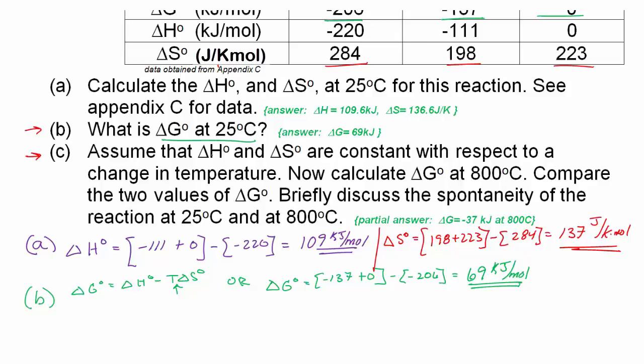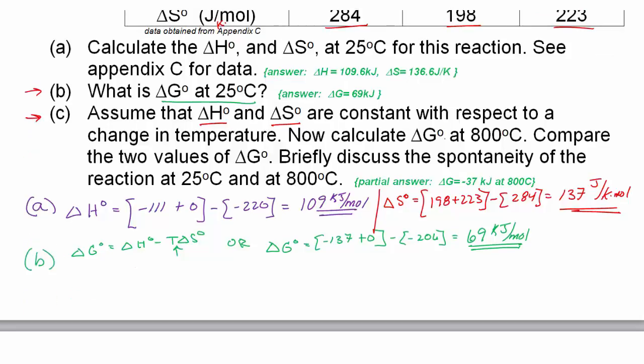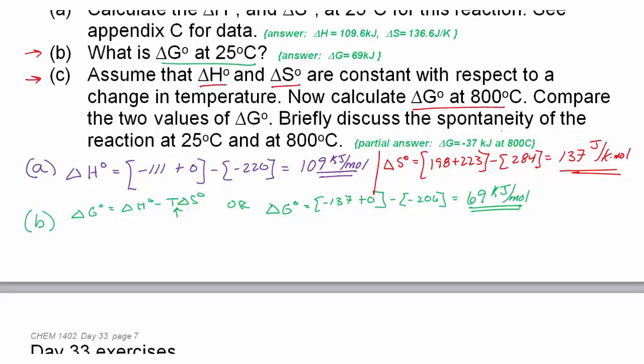C. Assume the standard enthalpy change and the standard entropy change are constant with respect to a change in temperature. Now calculate delta G at 800 degrees Celsius. So remember how to do that? Delta G at any temperature is the standard enthalpy change minus that temperature in Kelvin times the standard entropy change. So we said enthalpy was 109 kilojoules per mole.